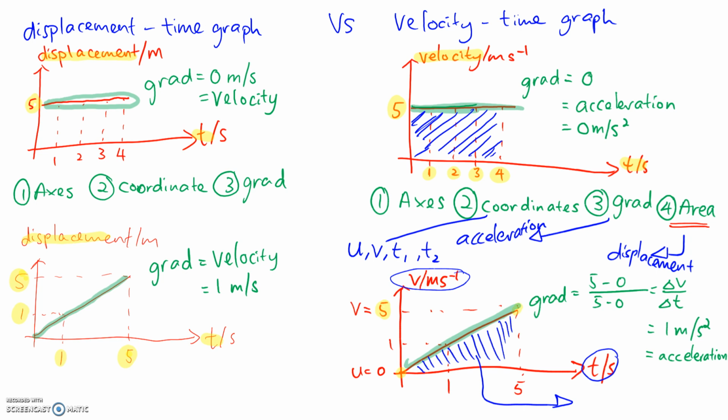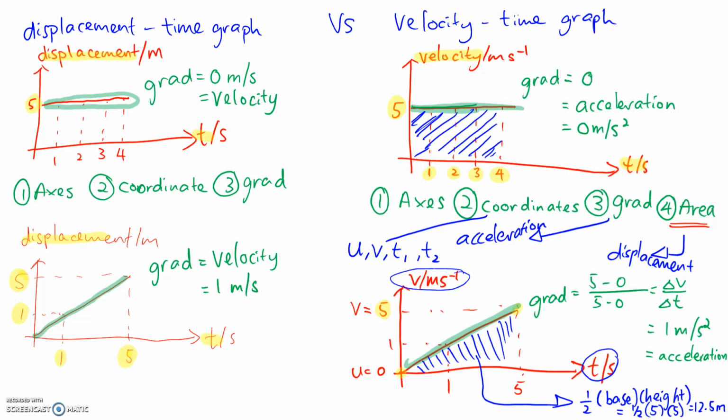So in this case, half times the base times the height will give you the area. In this case, it's half times 5 times 5, which gives you 12.5 meters. Right? So 12.5 meters is the displacement.